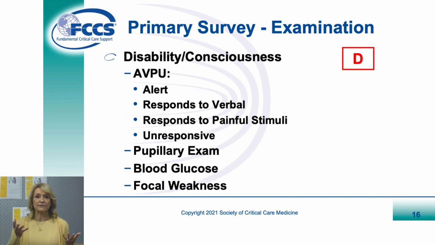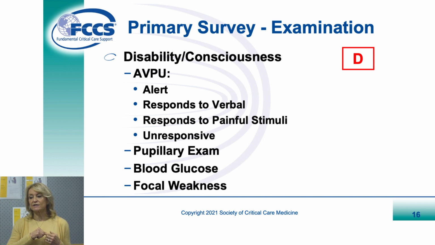Then pupillary exam. Why do we want to examine the pupils? Pinpoint pupils could be a sign of an opiate overdose. Unequal pupils could be a sign that there's something structural going on in the brain. Fixed dilated pupils, very serious.